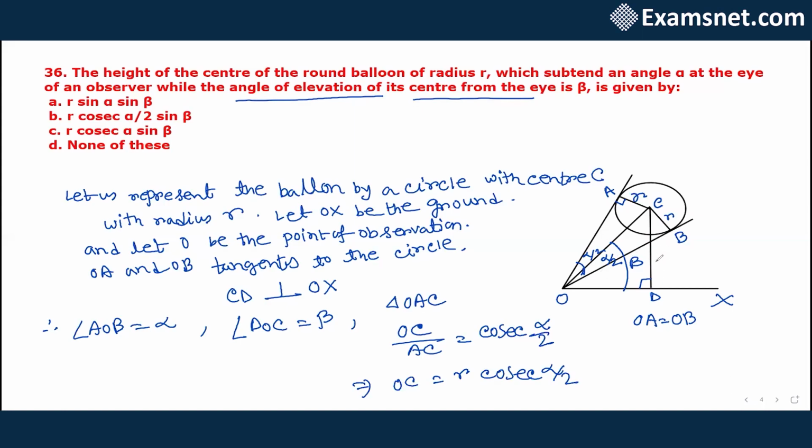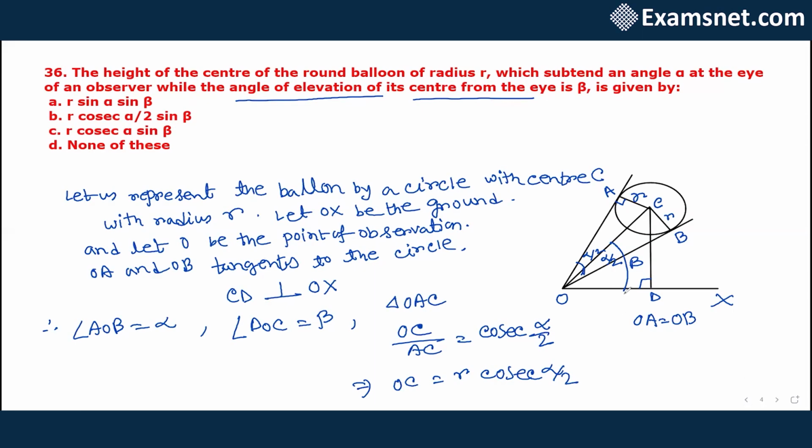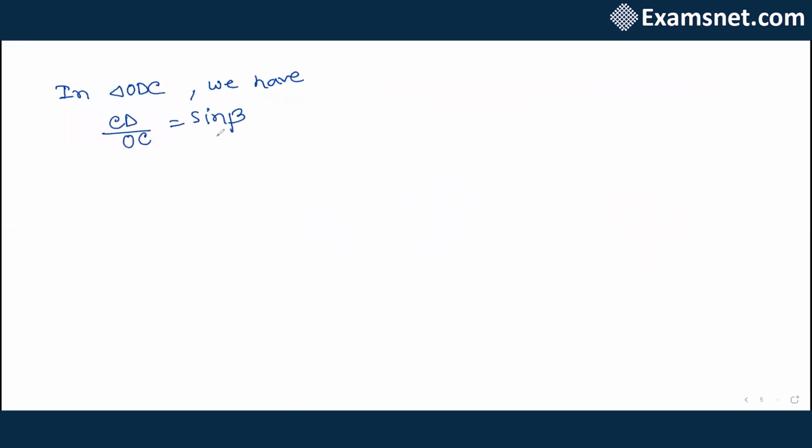From this triangle we can write CD by OC, perpendicular by hypotenuse again. CD by OC will give us sine beta, because this time we are considering the angle beta. So from this we can write CD as OC multiplied by sine beta, correct?